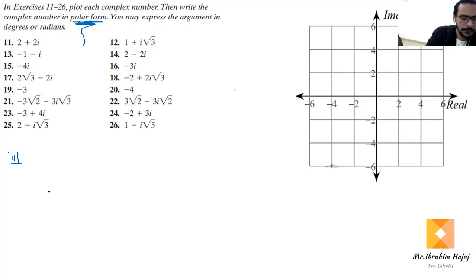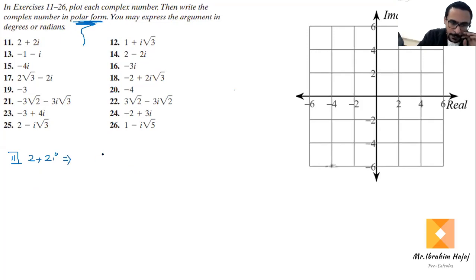Number 11, we have 2 plus 2i. So who can write this complex number in polar form?